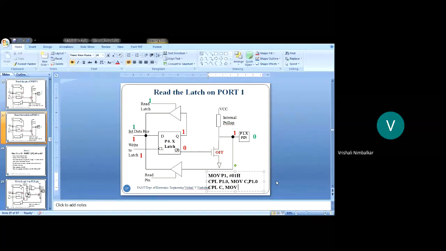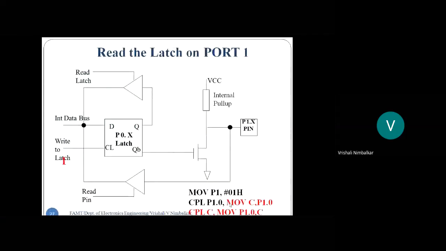I should send it on the pin, P1.0. These are the three things I should do. I've specified that in red color. These are the three instructions I should do so that the pin will be read. Okay, students? Okay, so now let us go to the next.